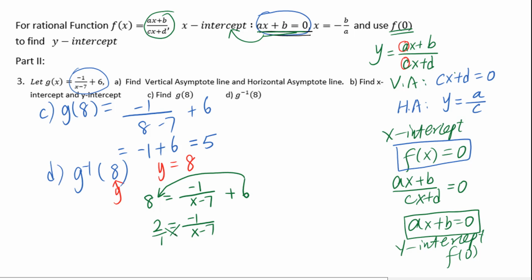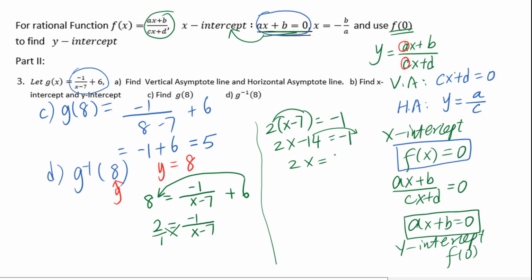Cross multiply. 2 times x minus 7 equals -1. Distributive property. 2x minus 14 equals -1. Isolate the variable. 2x equals 13. Then divided by 2, x equals 13 over 2. Therefore, inverse G of 8 equals 13 over 2.